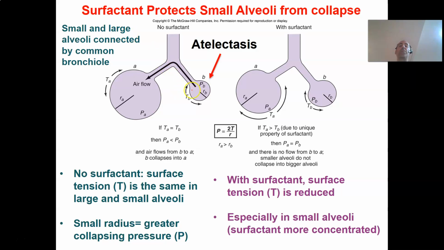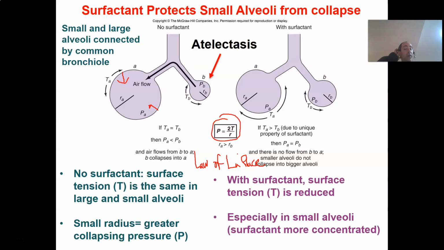Here you have an example of how surfactant can protect small alveoli from collapsing. The first thing you need to do is memorize this; it is called the law of Laplace. The P stands for the collapsing pressure, the pressure that's pushing in on these alveoli.